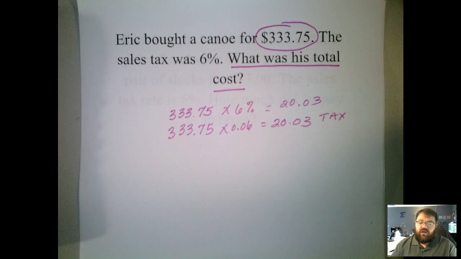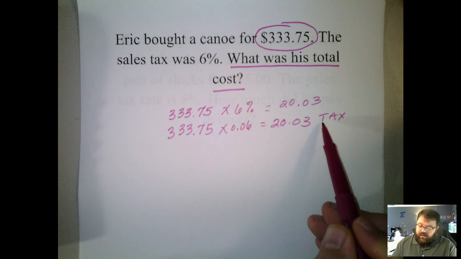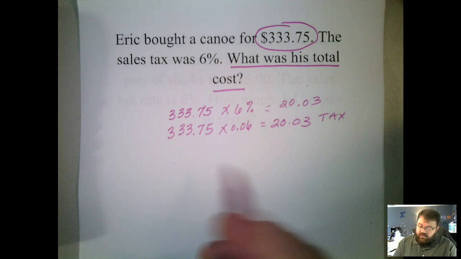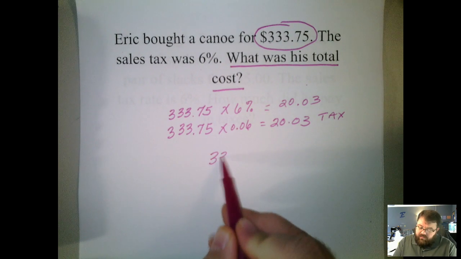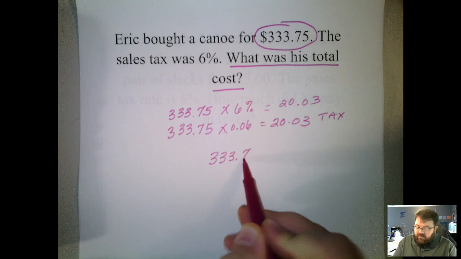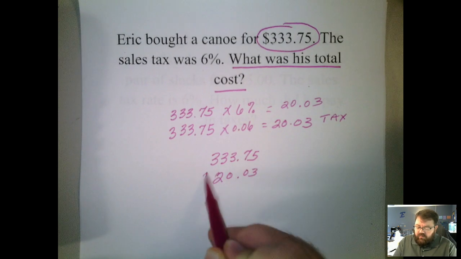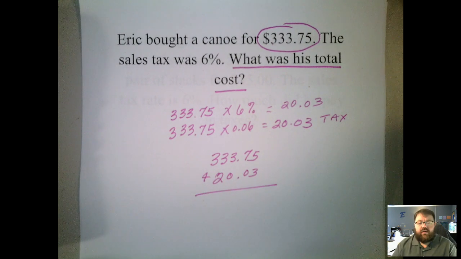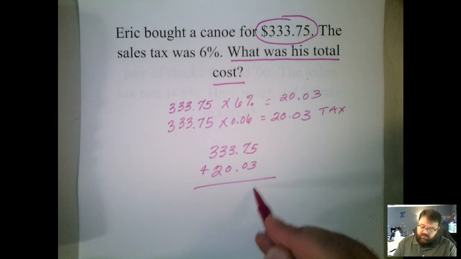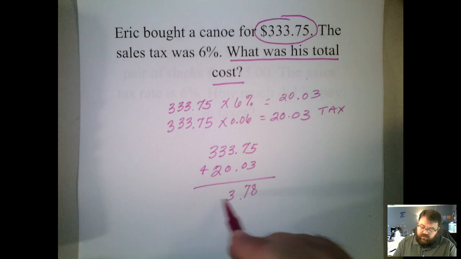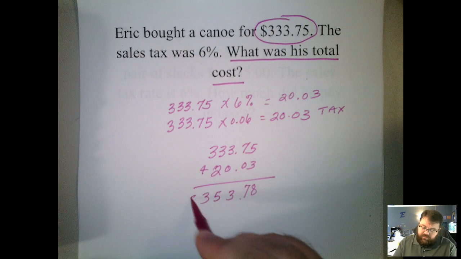So what I want you to do is pay very close attention to the question. Remember, CUBES asks you to underline the question. I know you can't underline it, but you might be able to highlight it. After we've gotten the tax, we have to take the price of the item, in this case a canoe, and add it to the tax. So 5 and 3 is 8, 7, 3, 5, 3.